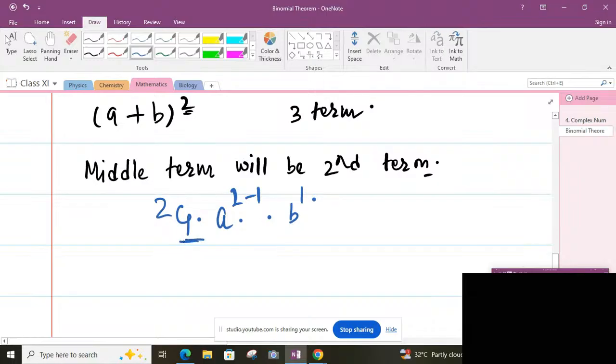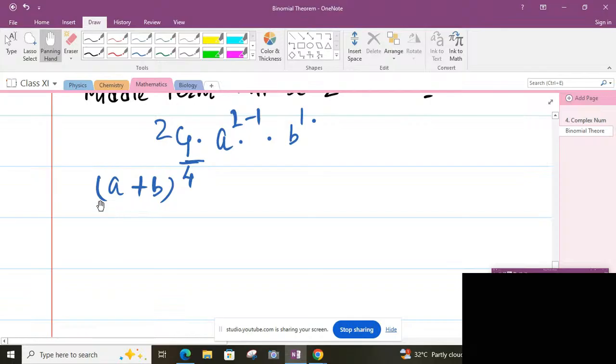So I hope there is no problem. Now (a plus b) to the power 4. In the expansion of (a plus b) to the power 4, we have 5 terms.